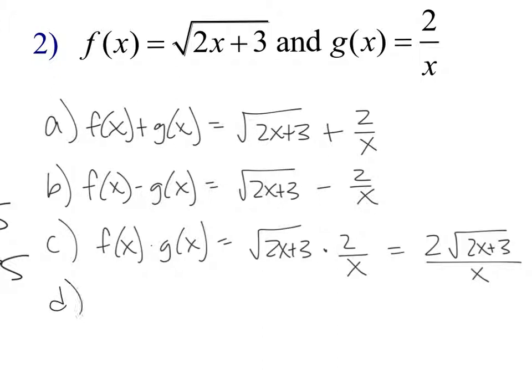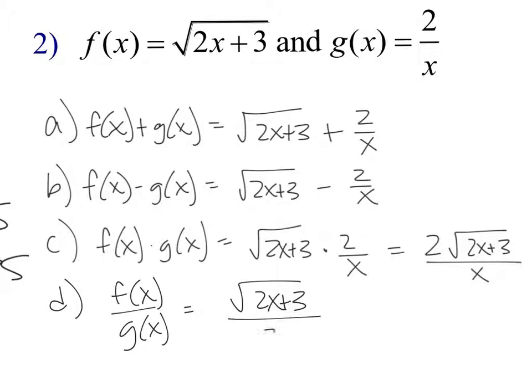And then D, I'm taking f of x and dividing by g of x. So that means my radical is on top and I'm dividing by 2 over x. So technically a fraction on top of a fraction is not simplified. We can do a little bit of simplification here. So remember how to divide fractions. You keep the top and you multiply by the reciprocal of the bottom.